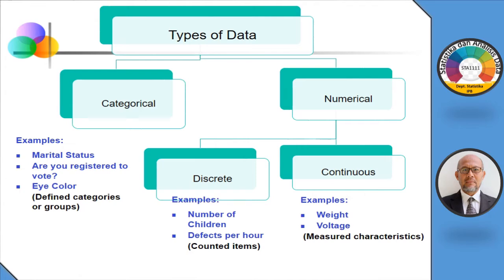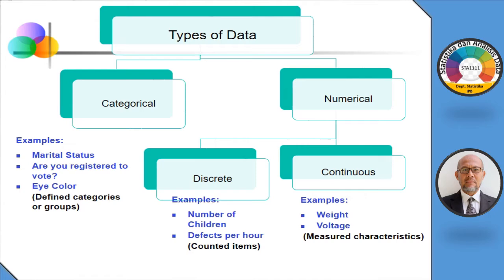Take a look at the slide here. For categorical data, for example, marital status, married, non-married. Or if any question, are you registered to vote? Yes or no? Or color, for example? And another example in the previous slide, education level, is also categorical data.